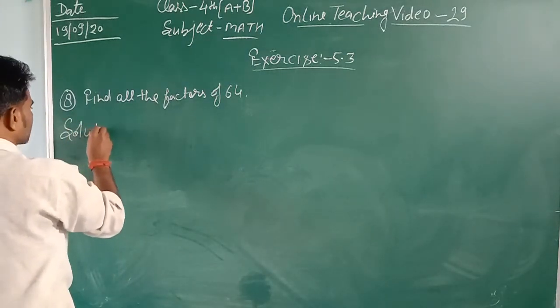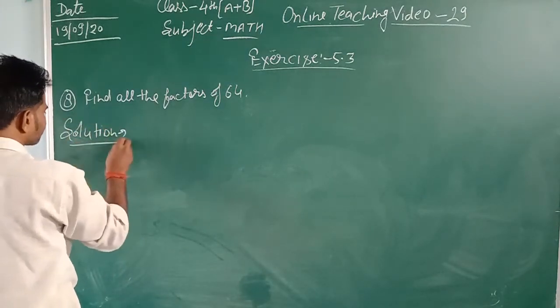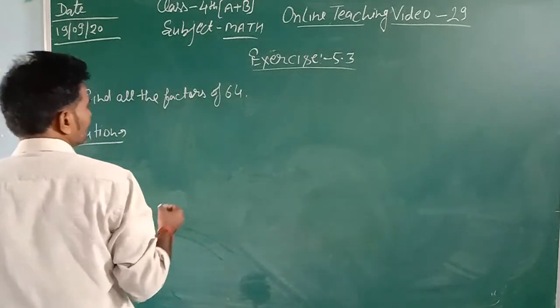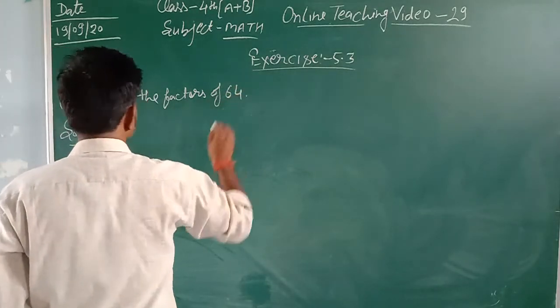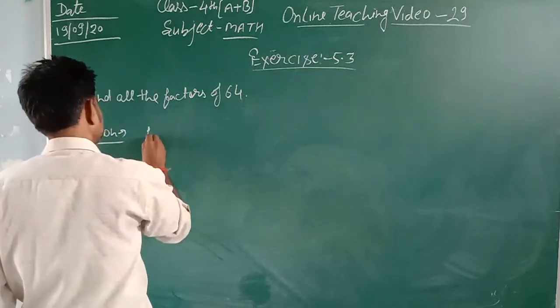देखिए 64 के फैक्टर्स के लिए be use division from first to next.